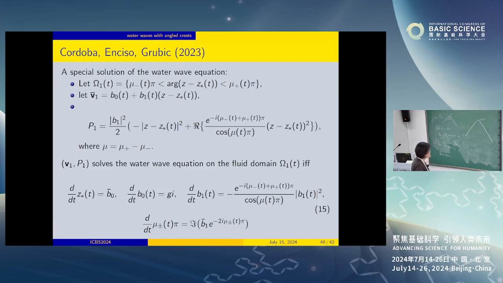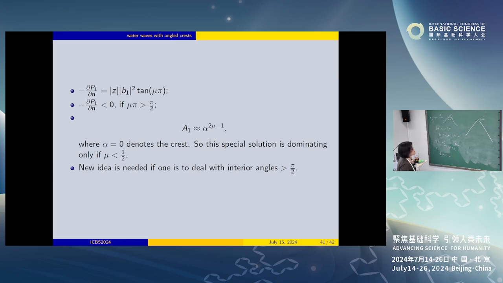Okay, so now we can use this to explain why the angle has to be less than pi over 2. The basic argument is to turn around this special singular solution. You see this special solution, and you find a solution that is changing angle.